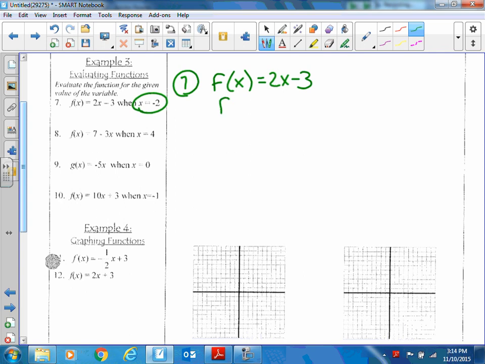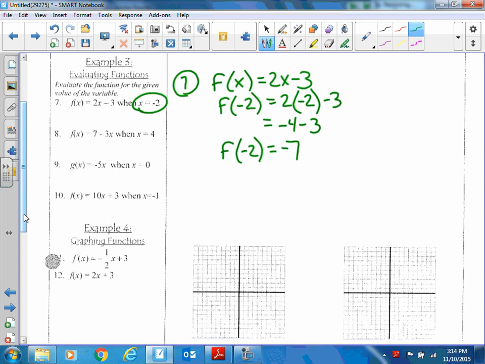So we can actually put f of -2, because that's what our x is going to be. And that is equal to 2 times, I'm plugging in a -2 for x, minus 3. So we have -4 minus 3, so f of -2 is equal to -7.